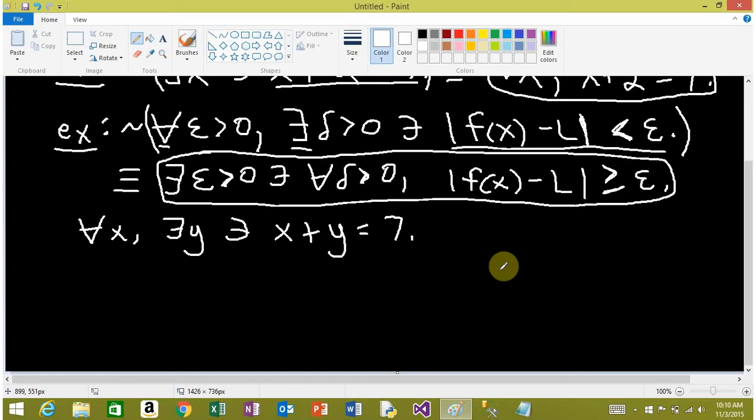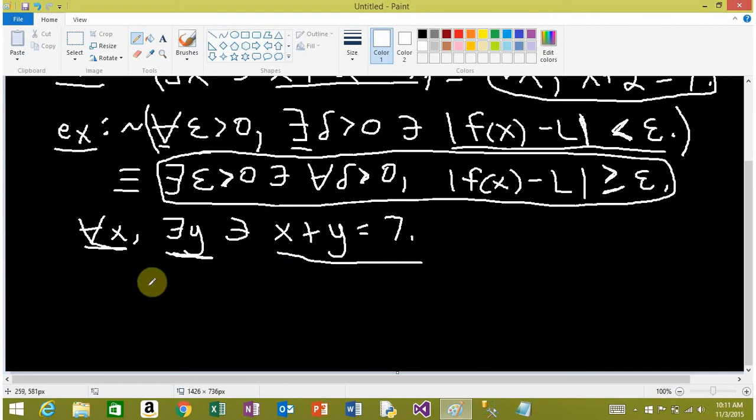The way we can do this is we look at that universal quantifier. We say for all x, we know x can be any real number. And there exists a y. So since the y comes after x, we could actually find a y, maybe in terms of x, such that this equation is true.